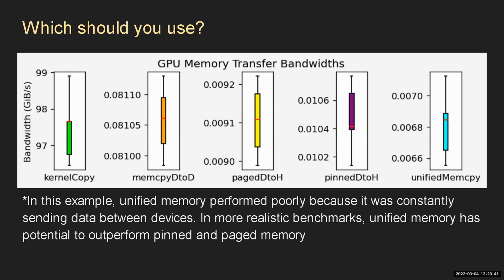So all I was doing was sending data back and forth. If you do something in an application where this is used properly and you're not just constantly shuffling data, Unified memory can actually do much better. It's just that this was just a bandwidth test and nothing else, and it didn't perform well in that context.